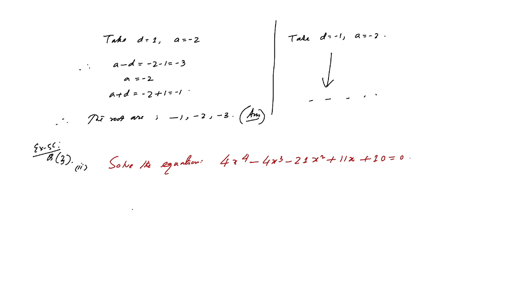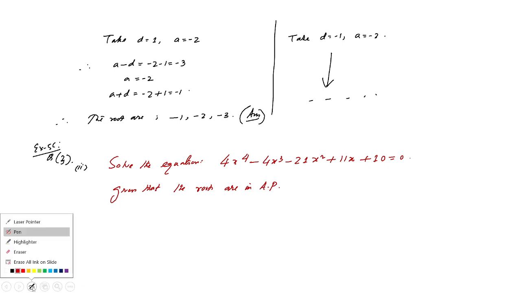And what is given? Given that the roots are in AP, arithmetic progression. So the equation is of degree 4. It has 4 roots, and these roots are in arithmetic progression.